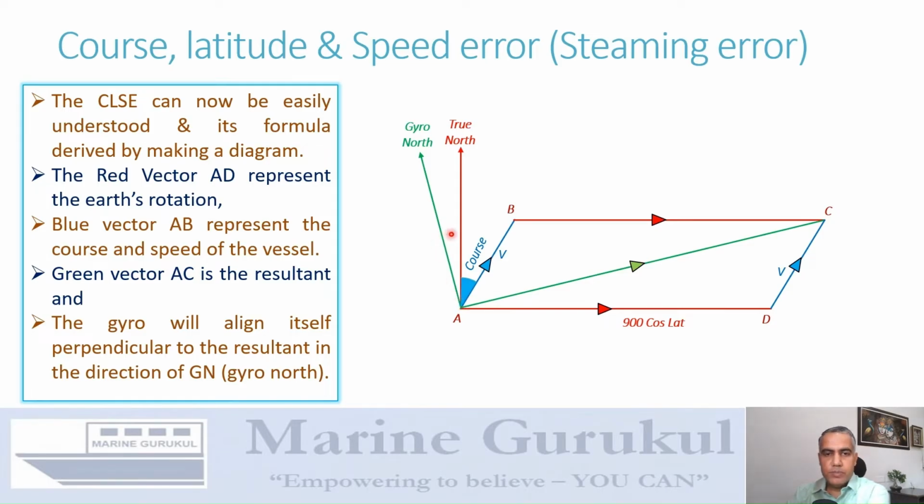Now the difference between these two vectors, that is the difference between the gyro north and the true north, is the CLSE, course latitude speed error, or the steaming error. The gyro is pointing in the direction of the green color vector, the true north is in the direction of the red color vector, and the difference between them represented by this green color angle is the CLSE, or the steaming error.